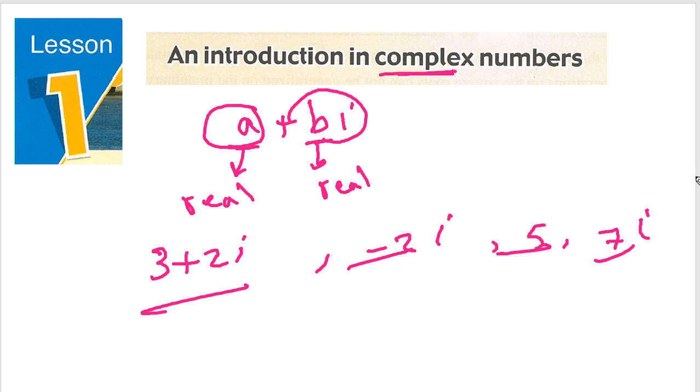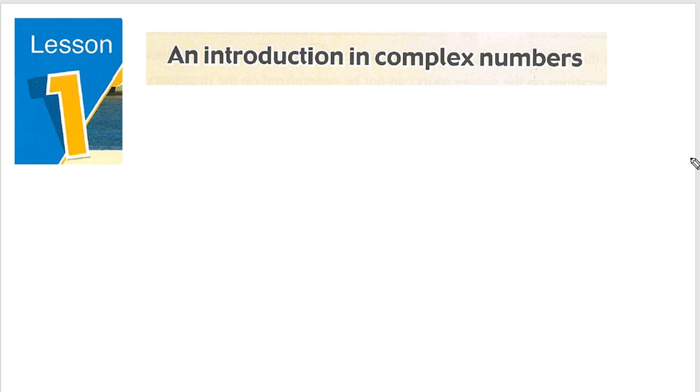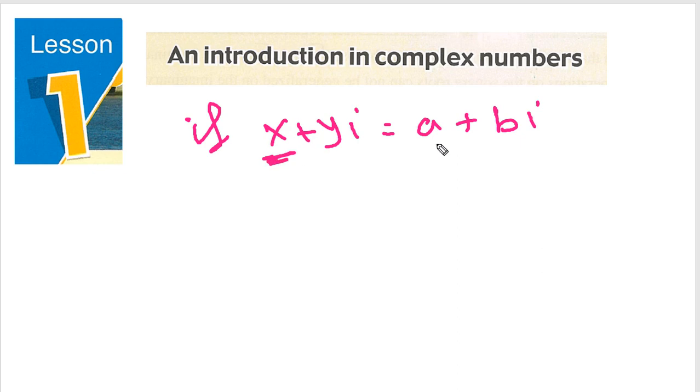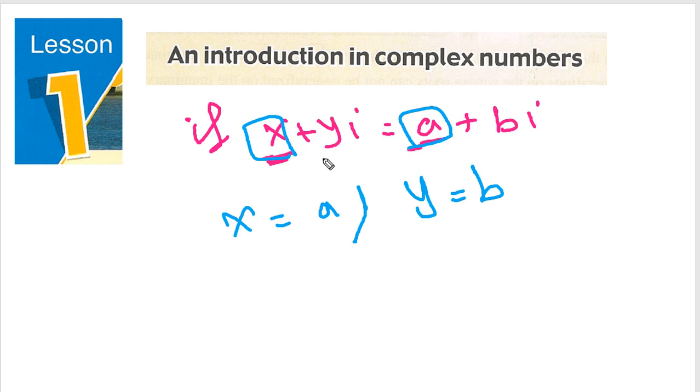How do you get the equality of two complex numbers? If x plus yi is equal to another complex number a plus bi, now you have a real part, like x here without i and a without i. Then by comparison of these real parts, x is equal to a, and y is equal to b, because this is the imaginary part.